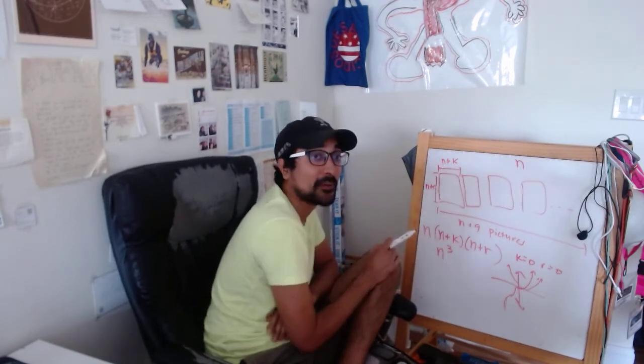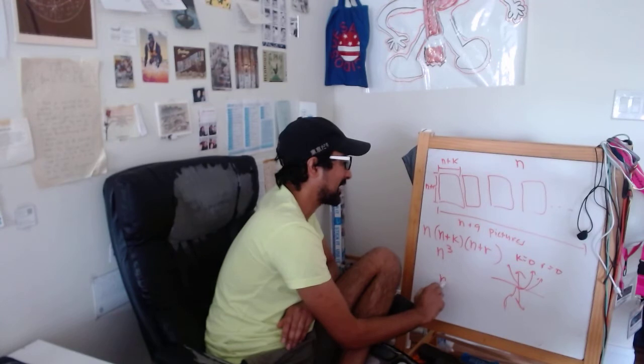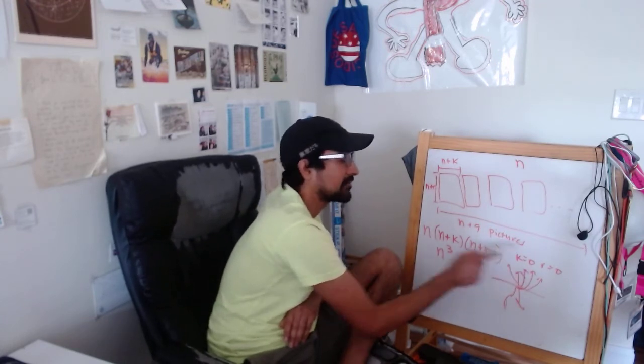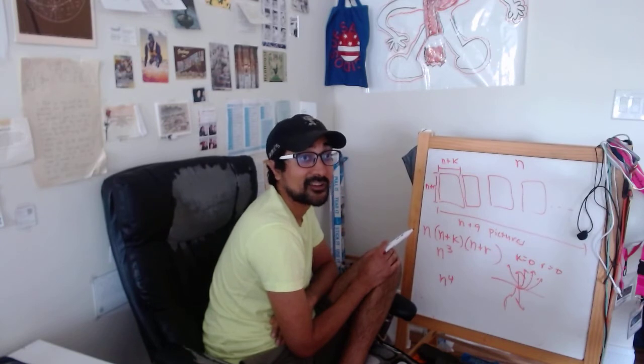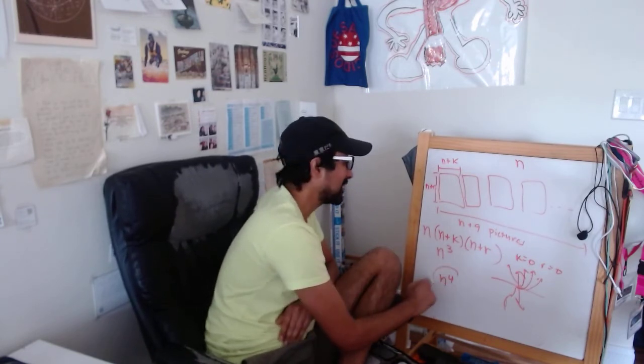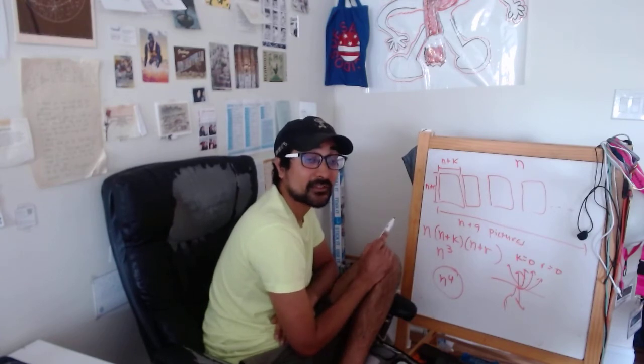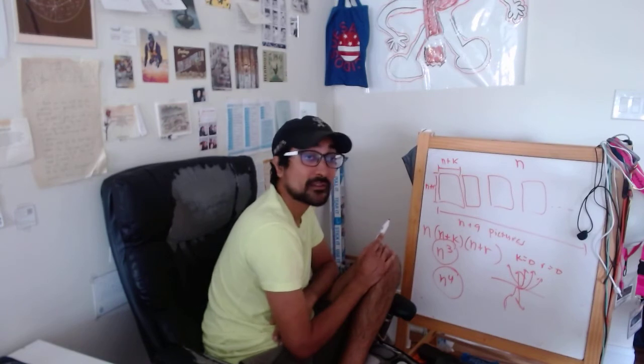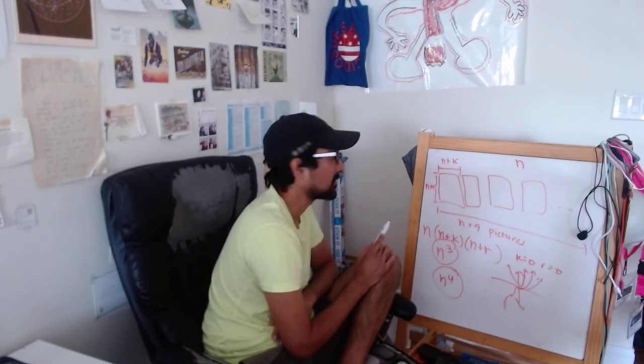Well, we just multiply all of this together, and we get n to the power of 4, which is an even steeper curve as n goes to infinity. As the n space increases, the number of things we have to search through increases by that much.